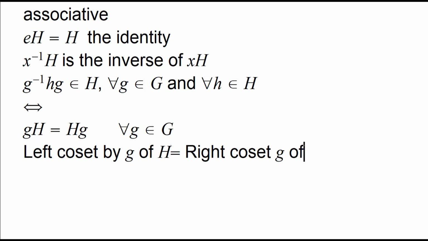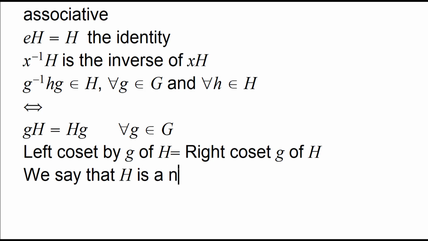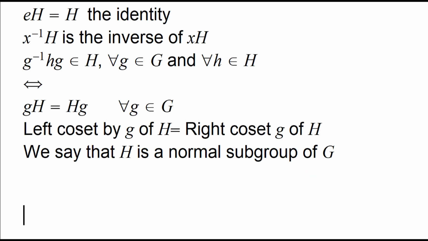Okay, and when this condition is true, then we say that H is a normal subgroup of G. So in brief, let's just go ahead and summarize what we just did.